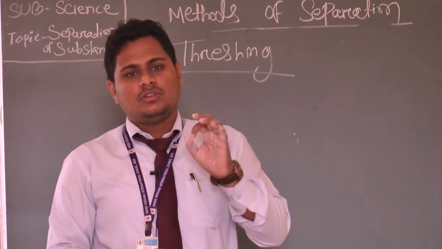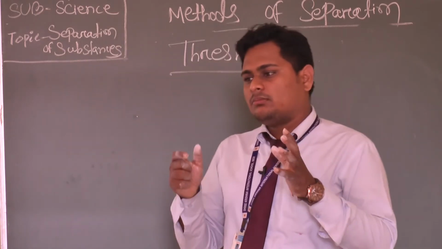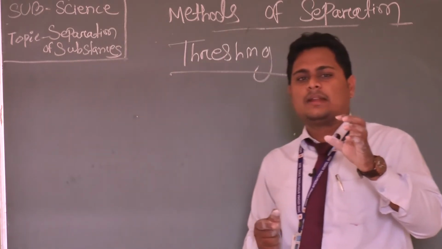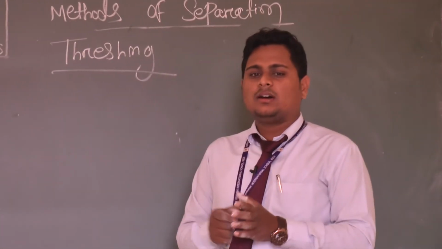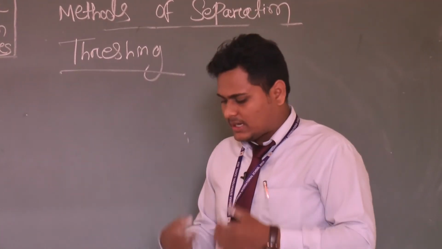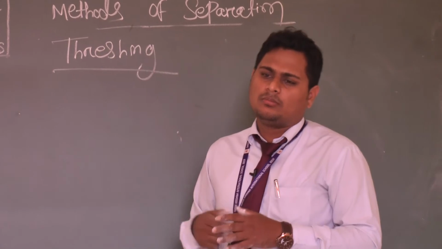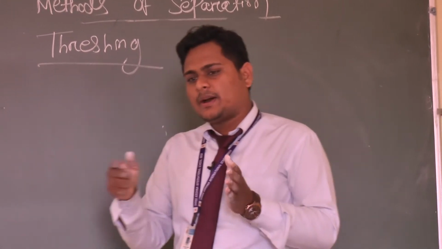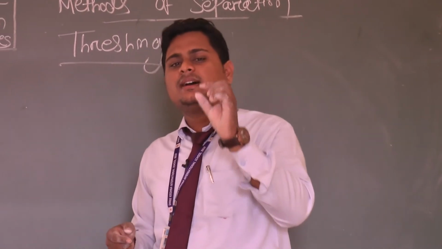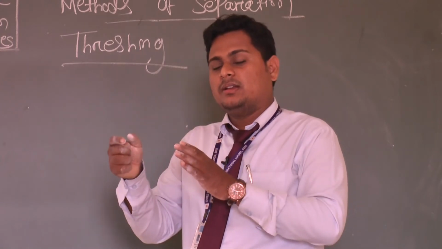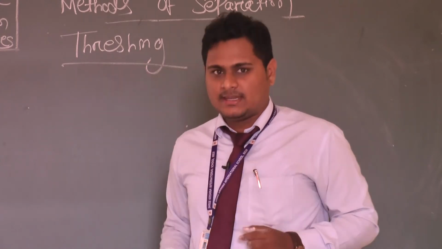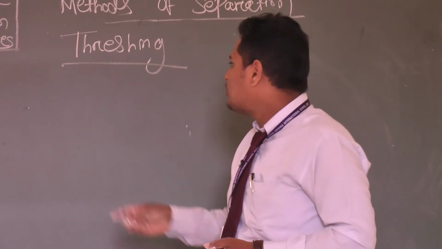Yes or no? So you know that after the cultivation of rice or crops, we will separate the crops or the grains. Okay, so that process is known as threshing.